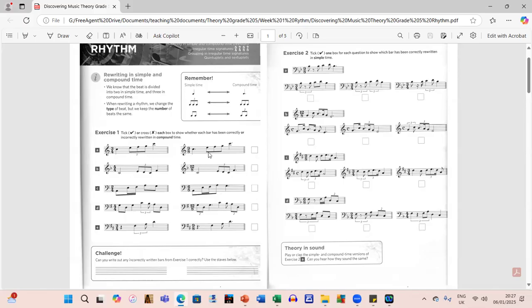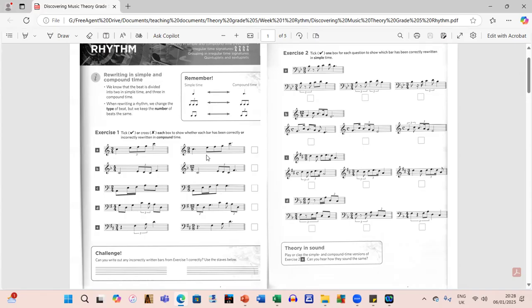We move to compound time. We've got 3 notes spread over the whole beat, which we can do in compound time because each beat is divisible by 3. And if we go to the third beat, that's taken up the whole crotchet. And if we go to compound time, that's taken up the last 3.